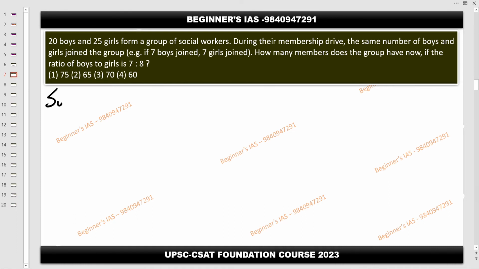So here 20 boys and 25 girls form a group of social workers. During the membership drive, the same number of boys, which means that x number of boys means x number of girls also joining the group. Then how many members does the group have now after this much of members added? If the ratio of the boys to the girls is 7 is to 8, so that is the question now.